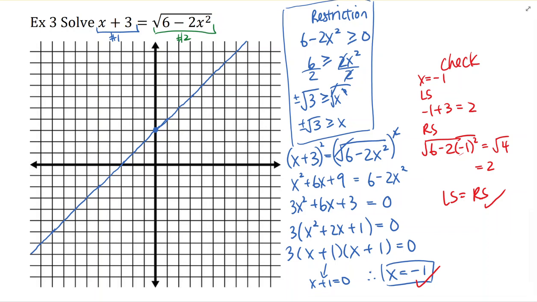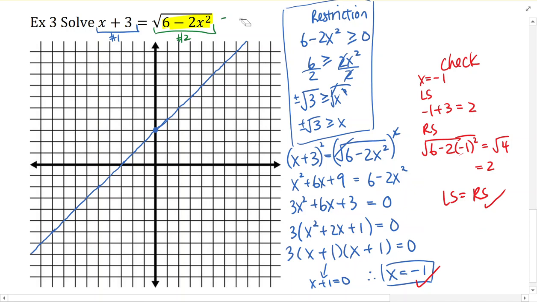Again, we'll need to rearrange this a little bit into something we're used to. If we move the x to the left side and the 6 to the other side, it's actually going to be negative 2x squared plus 6.